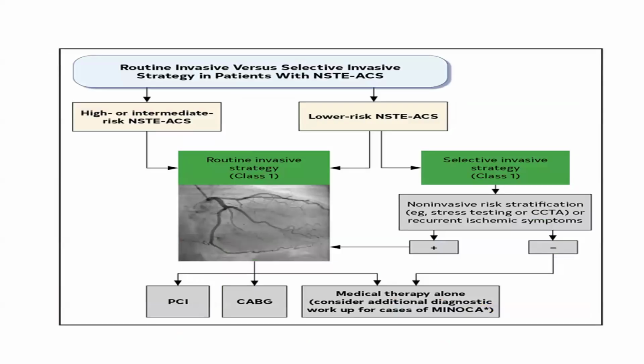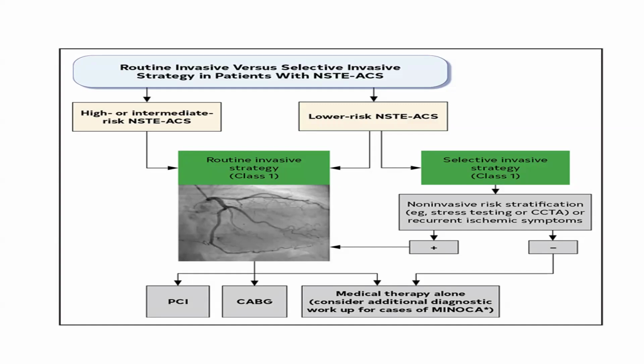So again, this diagram is a pictorial representation of the management of NSTEMI. If you are dealing with high and intermediate risk NSTEMI, then immediately take this patient for a routine invasive strategy. If the patient is highly unstable, in shock, then within 2 hours, or at least within 24 hours, we should take this patient either for PCI or CABG.